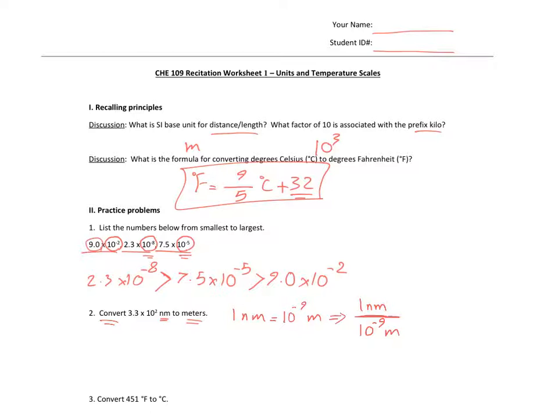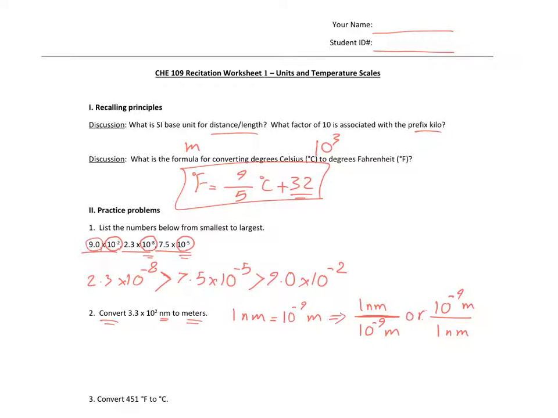In a conversion factor, the numerator and the denominator should be equal, and these 2 are equal. Or we can say 10 to negative 9 meter over 1 nanometer. Both of them are conversion factors from this equality.